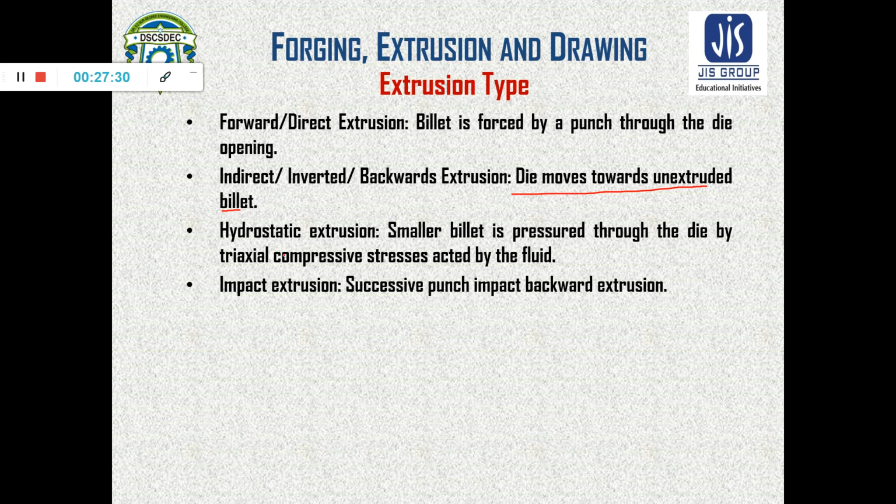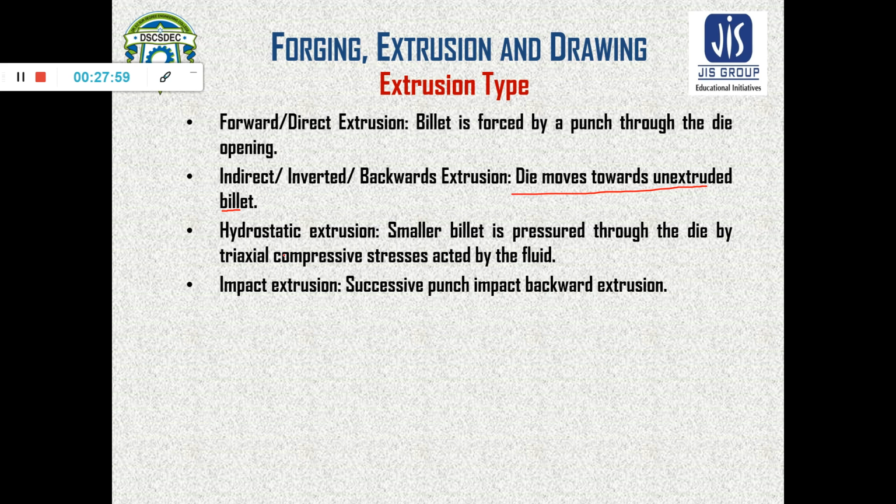Next is hydrostatic extrusion. In case of hydrostatic extrusion, a smaller billet is pressured through a die by a triaxial compressive stress applied by a fluid. When fluid is used to give triaxial compressive stress, that is known as hydrostatic extrusion.